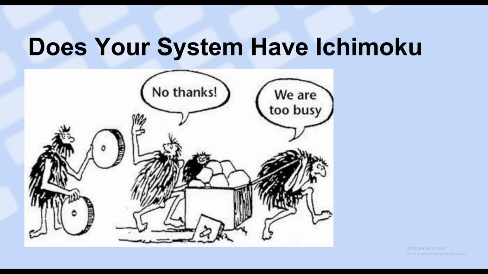The reason I'm talking about this is we get a lot of questions about whether our software has things like Ichimoku, Keltner channels, Bollinger Bands, stochastics, RSI, and so on. All of these things, for the most part, were invented before technology had the ability to do what it does now.